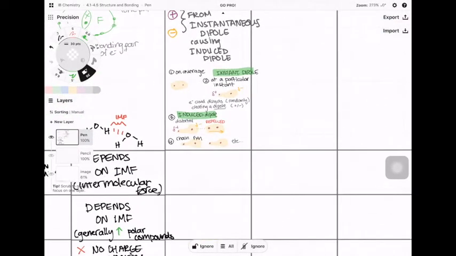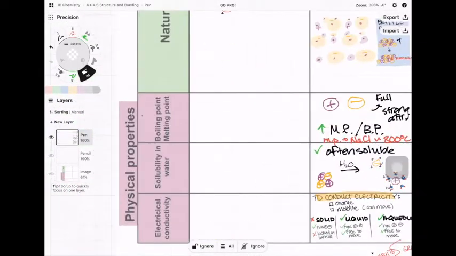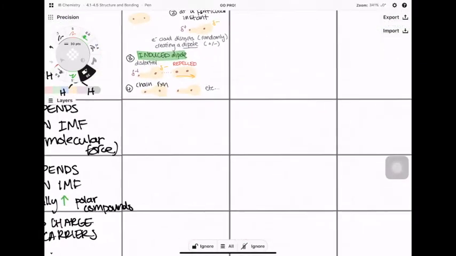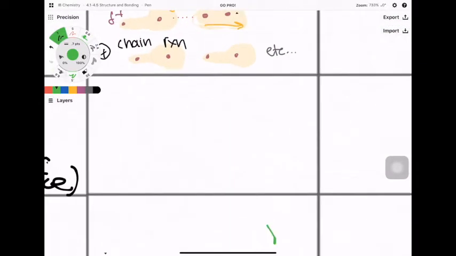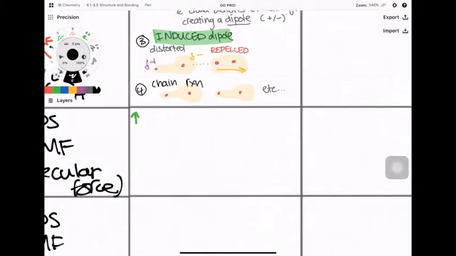Okay, so now let's take a look at the effects of London dispersion forces on boiling point, solubility, and conductivity. Well, first of all, the main thing that affects the strength of London dispersion forces is the mass of something. So the greater the mass of a molecule, the greater the number of electrons.